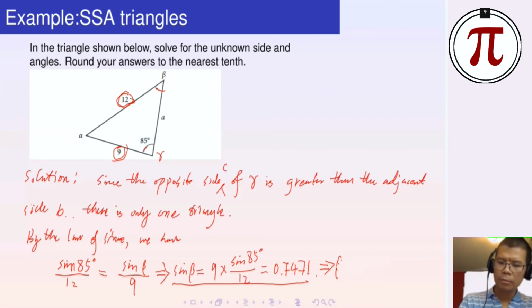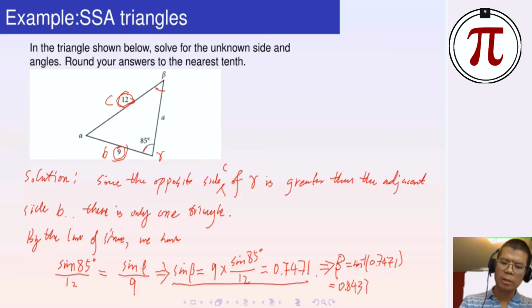Can you label A and B as C? It's easier for me for the graph. So here's C, here is P, beta. Beta equals inverse sine of 0.7471, which equals 0.8437.